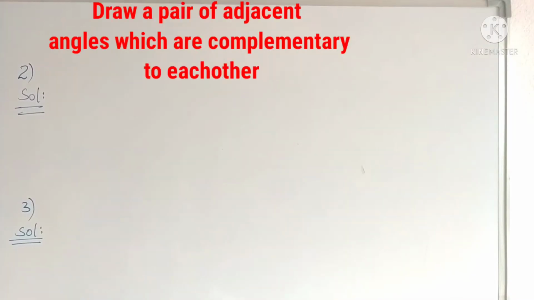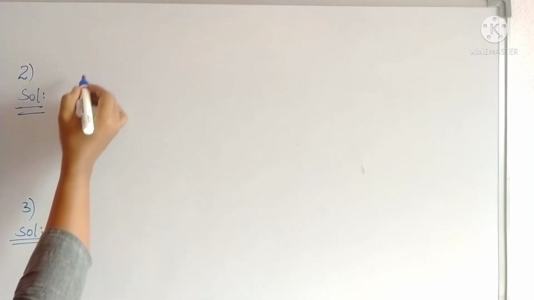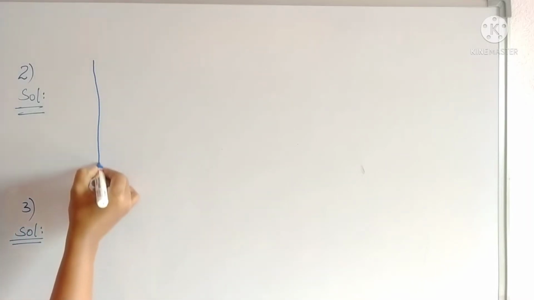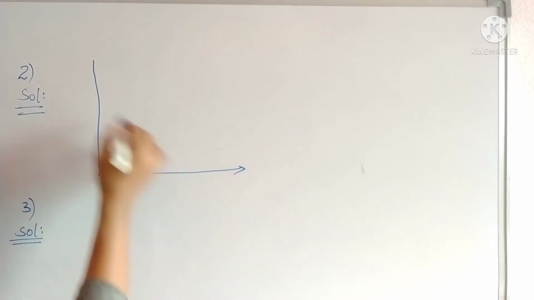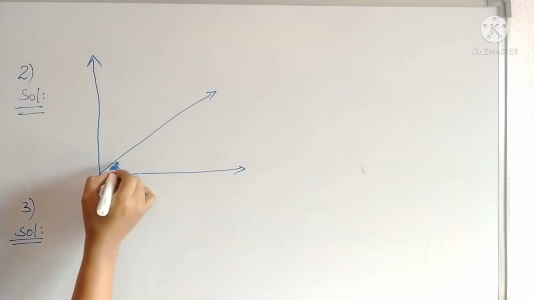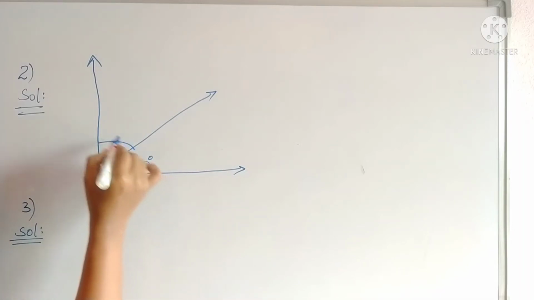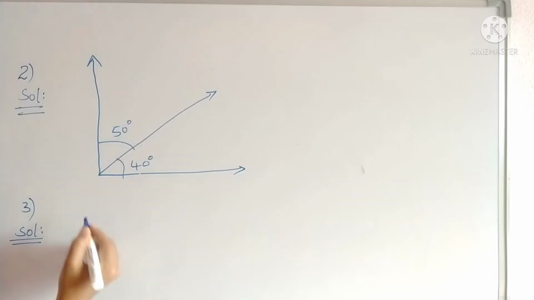Second problem, draw a pair of adjacent angles which are complementary to each other. So complementary means the sum of two angles must be 90 degrees, right? So two angles ni add cheste 90 vachelaga undaలి. This, so just say 40 degrees and 50 degrees.